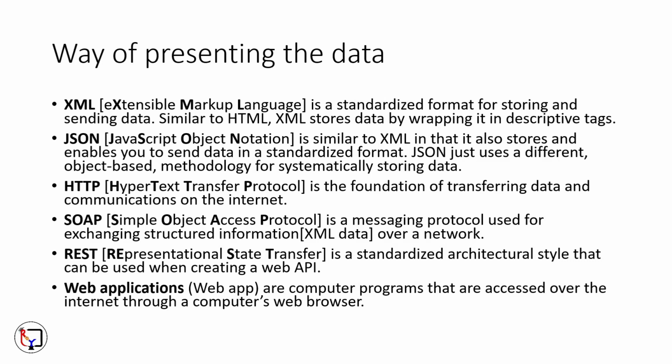SOAP, simple object access protocol, is a messaging protocol used for exchanging structured information over a network. REST, representational state transfer, is a standardized architecture style that can be used when creating a web API.